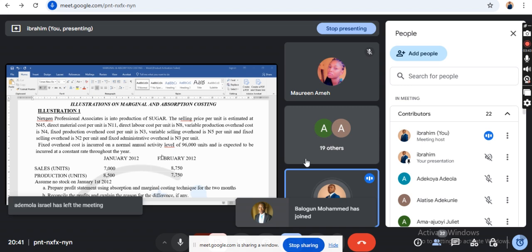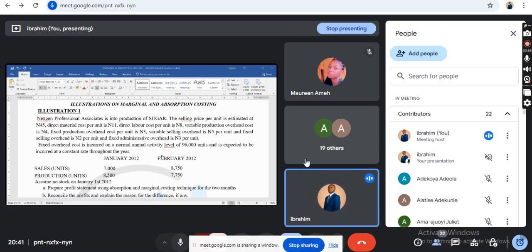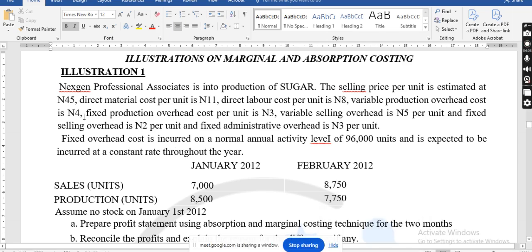It is calculated as the budgeted fixed production overhead divided by the budgeted level of activity. Your activity level could be labor hours, machine hours, or units produced. In this question, the OAR is already given as the fixed production overhead cost per unit.